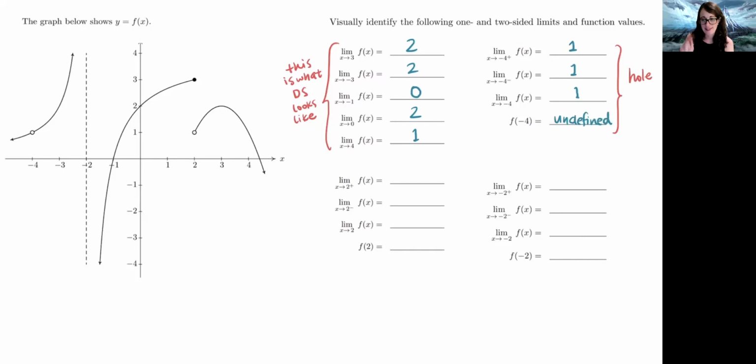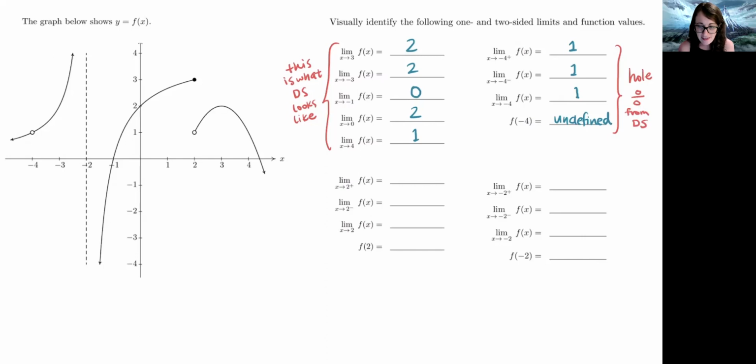I would stick to DNE, or does not exist, for a limit, and I would stick to undefined for things that are function values, or if you get a 0 in the denominator, that's what we would call undefined. Okay, so again, this is what it looks like when you have a hole in the graph, or 0/0 from direct substitution. I'll talk a little more about holes and these kinds of things in section 1.6.